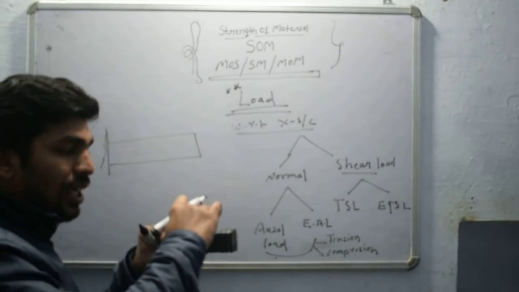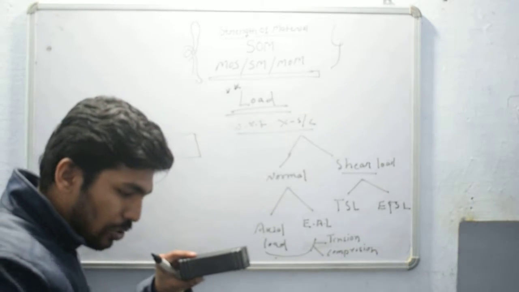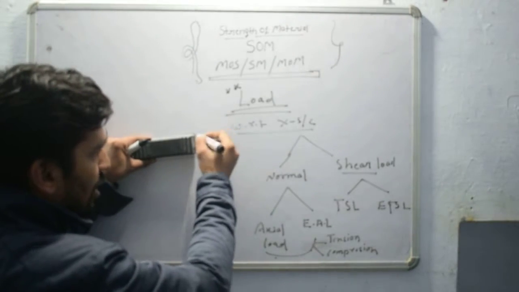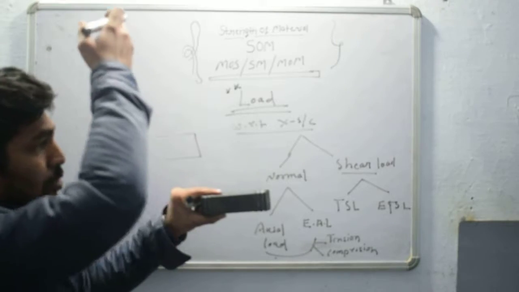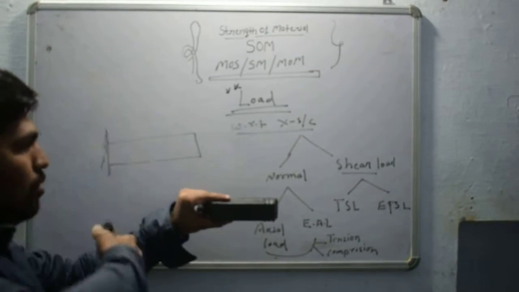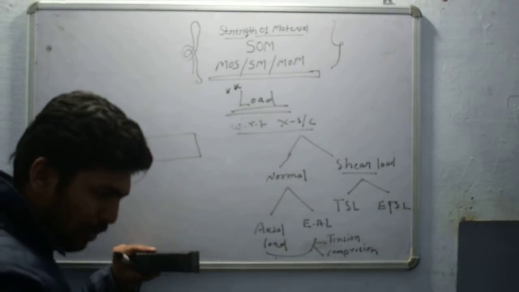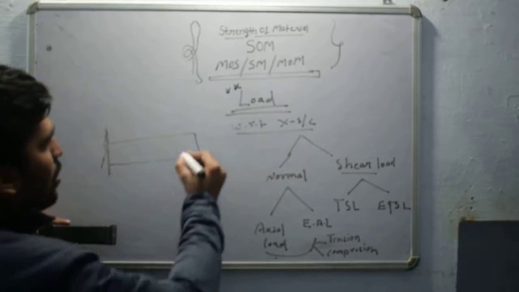If you want to project it, you project on the horizontal plane. And this is the cross section of the body; if you want to project it, you project on this plane, which is nothing but the profile plane. So this is your vertical plane, this is your horizontal plane, and this is your profile plane. This is your cross section.